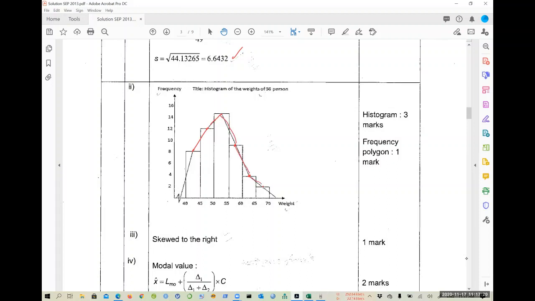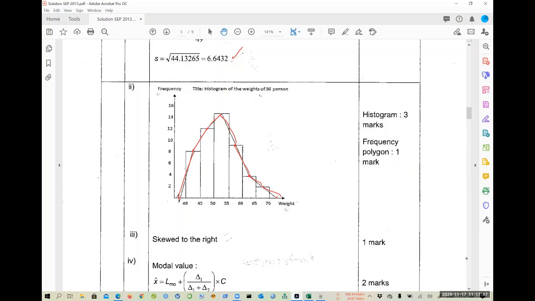And then for the last one, you just extend it to the midpoint of the previous class and the last class, and then get the closed loop over there. Okay, all right. So this will be the histogram.